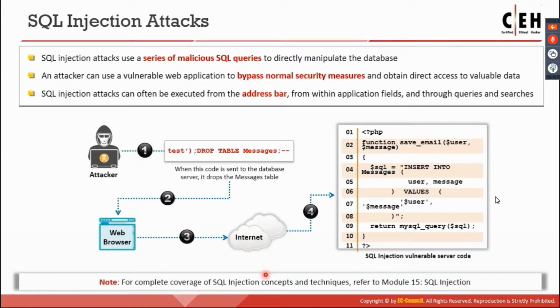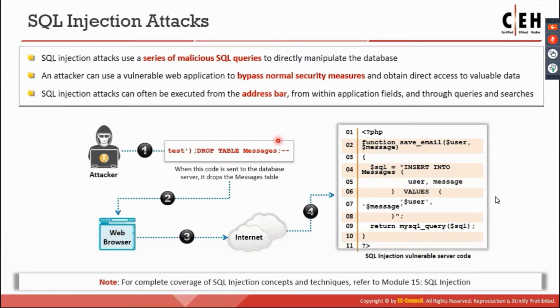So look at this little message. Let's say that I'm in a web form. See right here, it says test, tick, and then a right paren, and then a semicolon. That's the end of this. And then it says drop table messages.